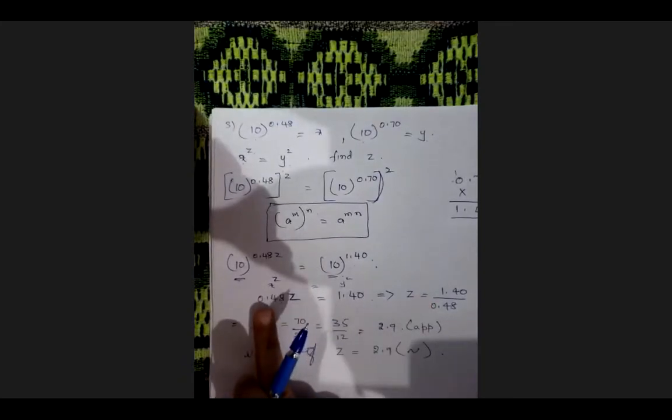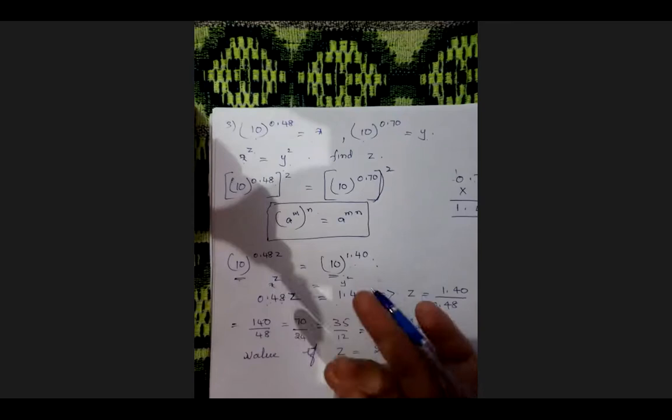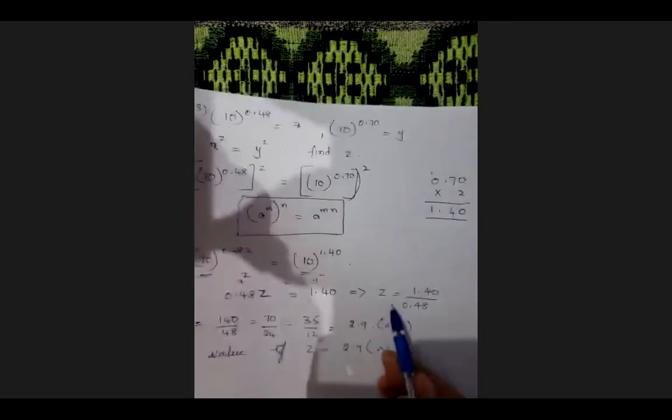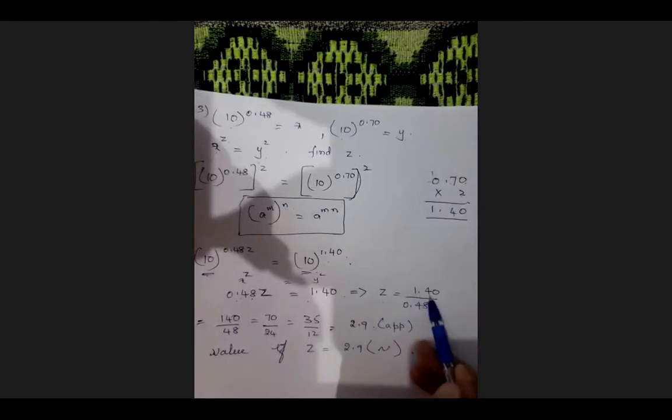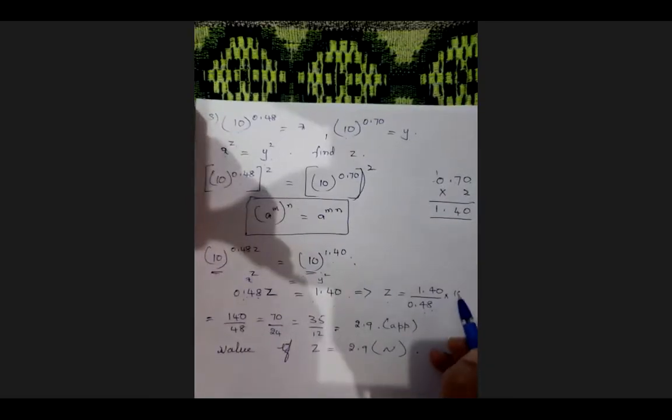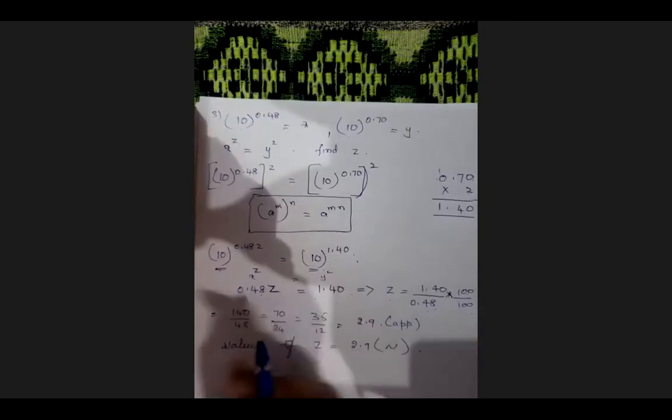Some 2x is equal to some 4, so x is equal to 4 by 2. We divide that. So z is equal to 1.40 by 0.48. That is equal to, I am dividing both by 100, because I want to divide not in points.